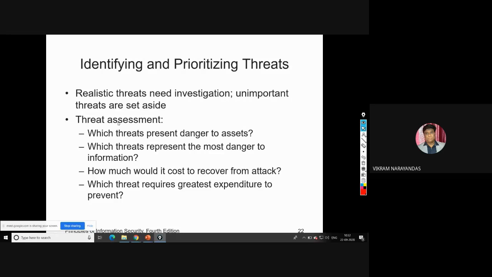So you want to give the cost. What are the controls needed for the organization to recover from those attacks and to maintain these controls for a longer period? Which threats require the greatest expenditure to prevent?